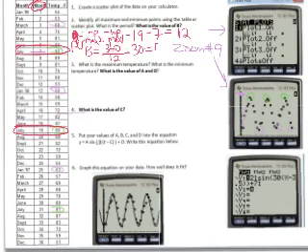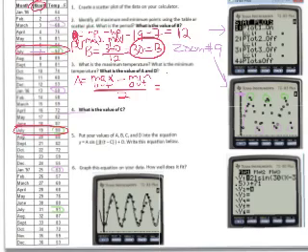Okay, and then to find the value of A and D: A is your amplitude, and that's the max output minus the min output, over 2. There's a little bit of variance between your maxes and your mins, but the highest max that I found was 92, and the lowest min is 50.